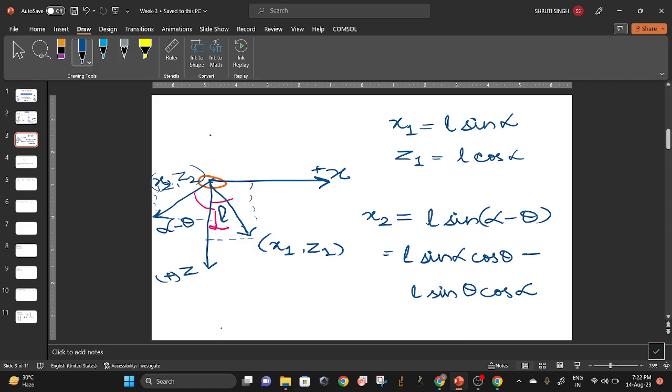Actually, when we are writing the rotation matrix about the z-axis, then whatever we write, we can simply interpolate that. We can simply use that matrix to write any rotation about the y-axis.